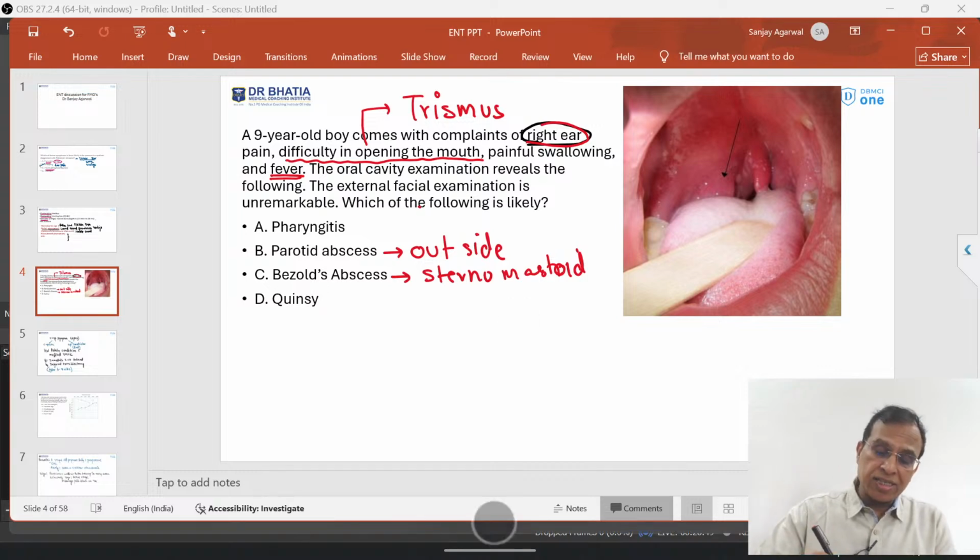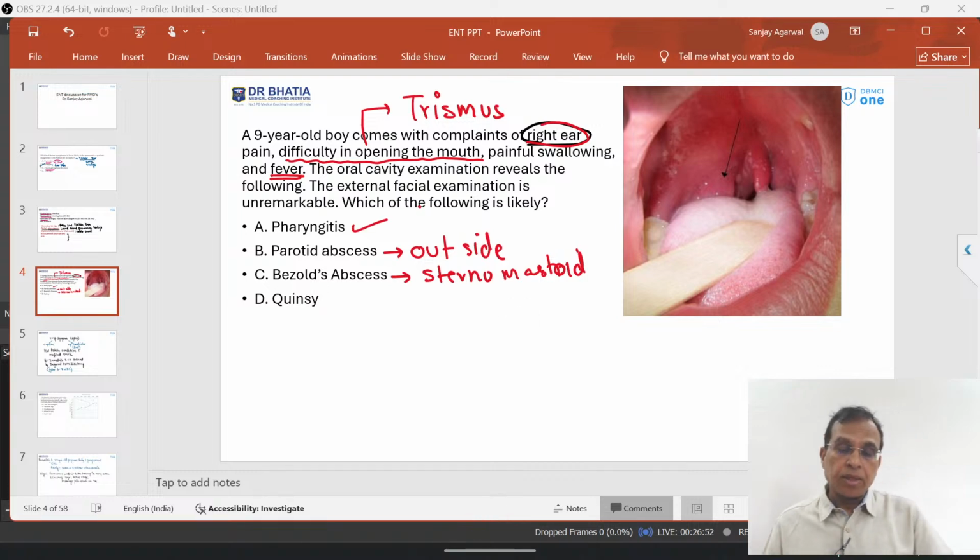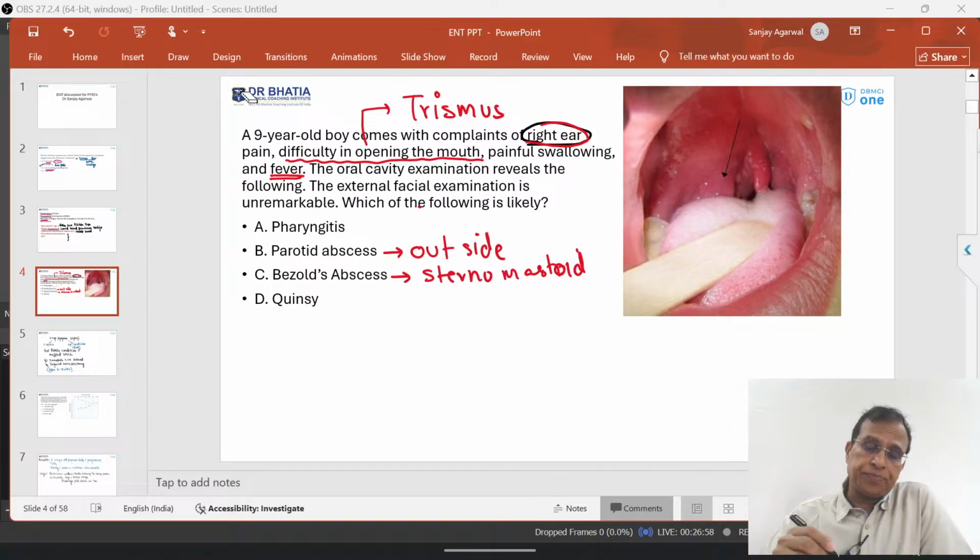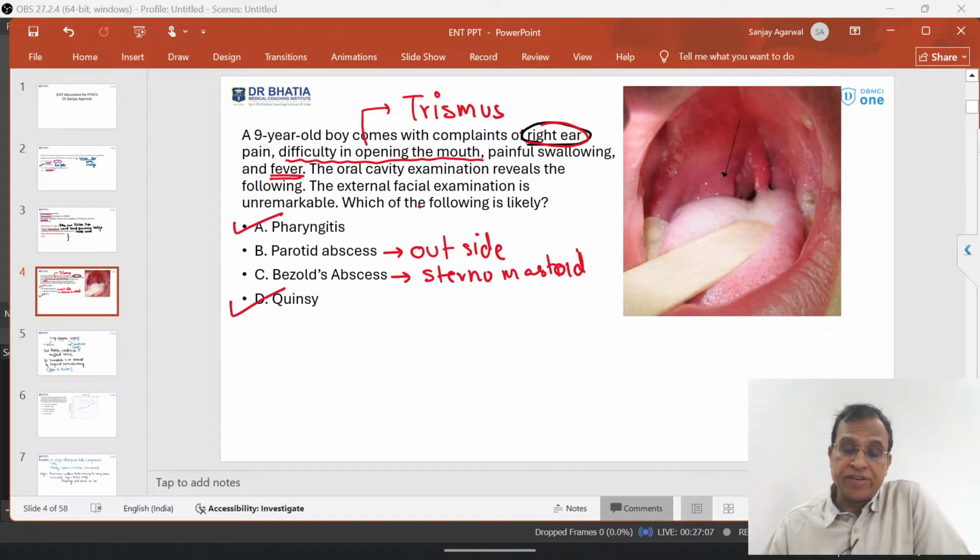Now, pharyngitis is a possibility. But in this case, you can see the tonsil, the image is showing you. If you look only at the history and without the image, then both are possible correct answers. This is possible and this is possible from the history. In pharyngitis, everything that is given is possible. In Quinsy also, everything that is given is possible.